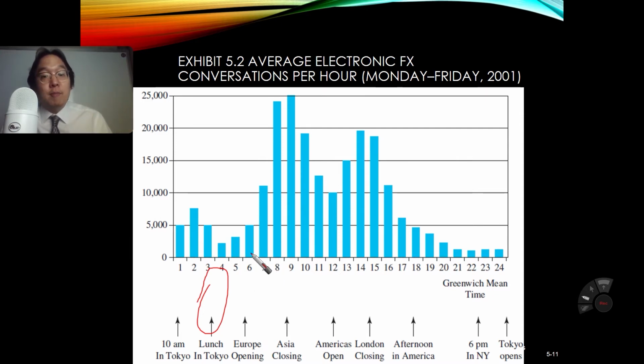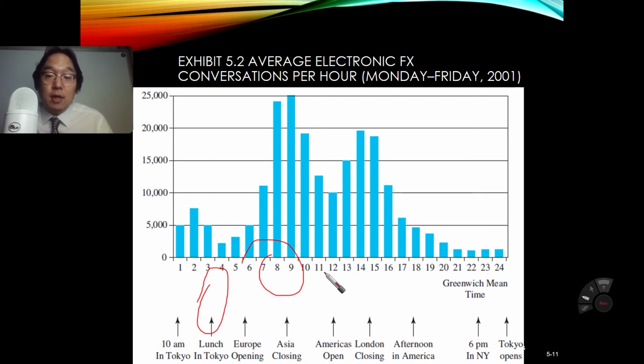And then the Europe market opens by the end of the day of the Asian market, and the London market opens. As I said before, London is the biggest FX market in the previous chart, so that's why you see a lot more conversation activity going on during this time. By that time, the Asia market closes and they go to bed.